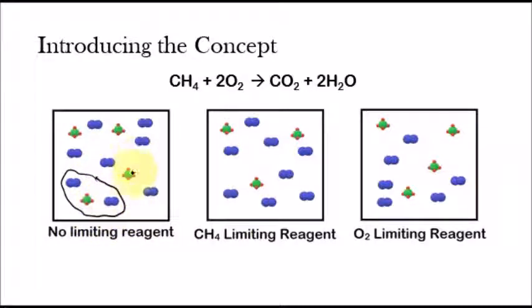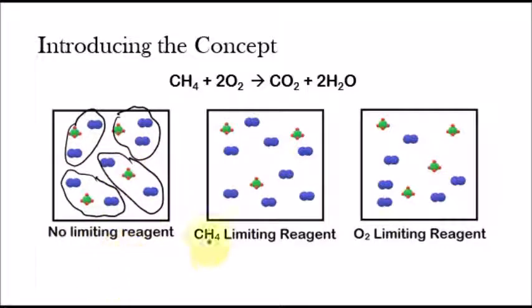This CH4 molecule can react with these 2 O2 molecules, and this CH4 molecule can react with these 2 O2 molecules. So in this scenario, there is no limiting reagent because everything is used up.